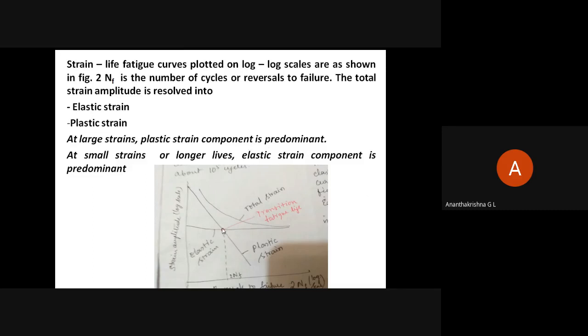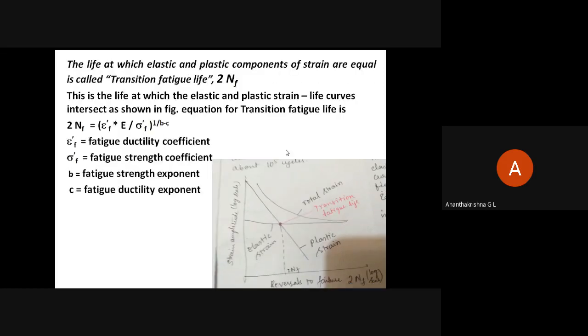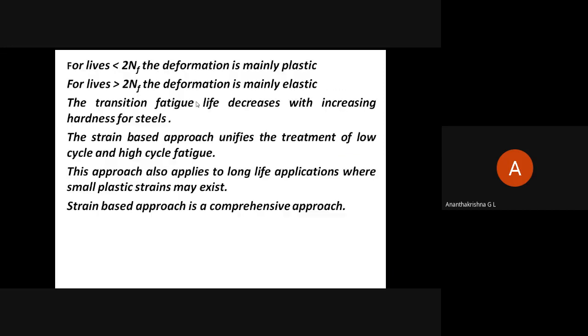At the point where the number of cycles required for failure in plastic strain as well as elastic strain is the same, that point is called transition fatigue life. That is the life at which elastic and plastic components of strain are equal. This is what you need to write.